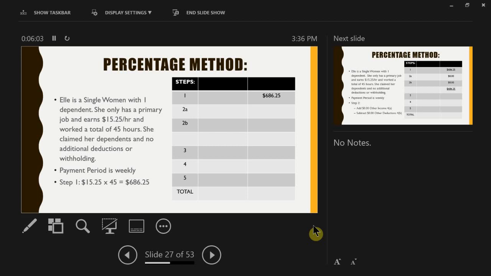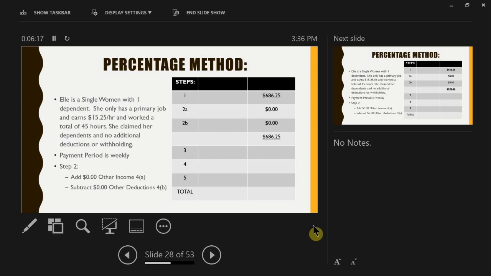From here, we've already said that this is her primary job, so there's no extra income she's going to claim, and we're just going to assume there are no extra deductions as well. So for steps 2A and 2B, we're just going to make them 0 because this is her primary job. She has no extra income, nor any extra deductions to take away.